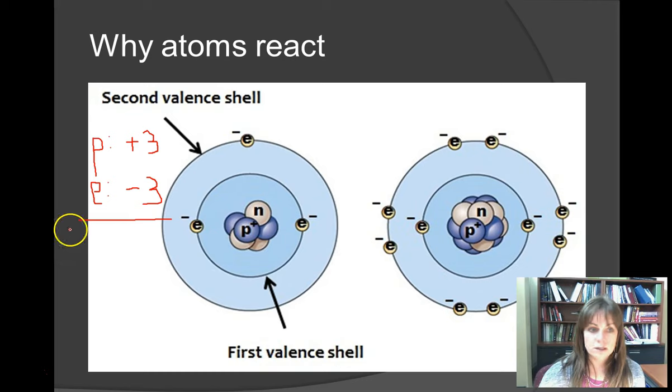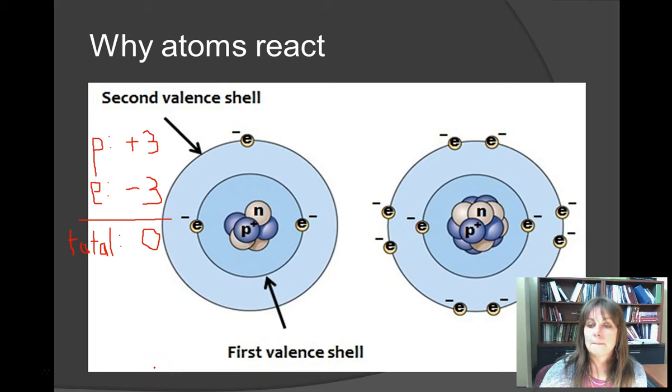And so to get the total, we simply add them up. We have 3 positives, 3 negatives, plus 3, minus 3. The total charge on this atom is 0.